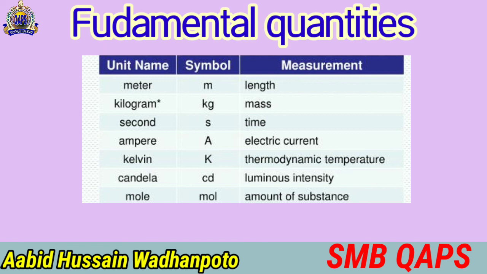These are used for the measurement of different quantities, and from these quantities other derived quantities are also derived and used not only in the subject of physics, but in all the laboratories all over the world. These are used nowadays to calculate different measurements.